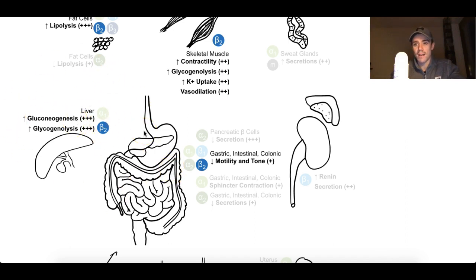For example, if we're not exercising and we're constantly ramping up the sympathetic nervous system and constantly releasing more glucose into the blood all the time at rest, that's probably not the most fantastic thing for health. So that's why you have to think of these things in terms of a spectrum and in terms of context all the time. We have to ask ourselves, is this effect actually desirable at this point in time? So it is all about context.